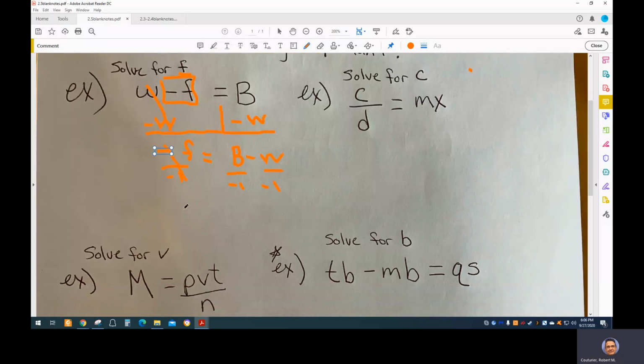So we need to make that negative disappear. So f is going to equal negative b. Notice the b is capitalized. Well, a minus w divided by a -1 becomes a positive w. That's the real trick in this one. And then this would be your final answer.